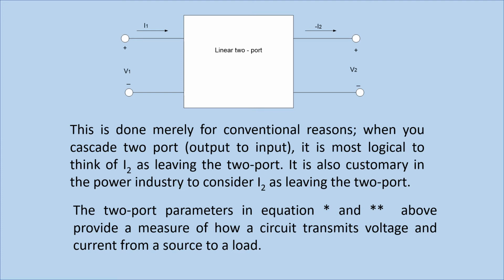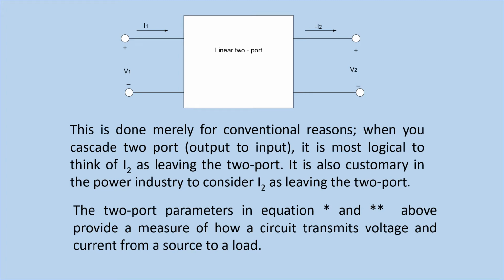This is done merely for conventional reasons. When you cascade two ports, that is output to input, it is logical to think that your I2 is leaving, and it is used in the power industry also to consider our output current to be leaving the two ports.